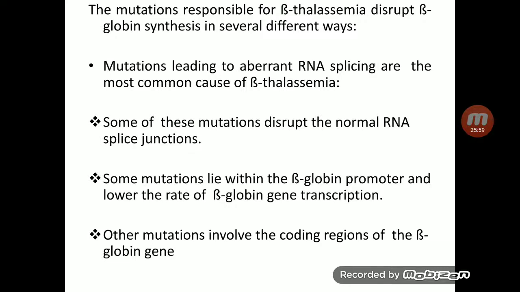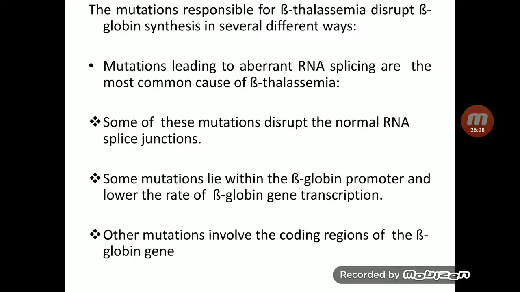Okay, so the mutations which occur in your beta thalassemia, which can disrupt your beta globin synthesis, normally occur in several different ways. Okay, one is your mutation which leads to aberrant RNA splicing, which is the most common cause of your beta thalassemia. Normally, in case of your RNA splicing, again they are of different types.